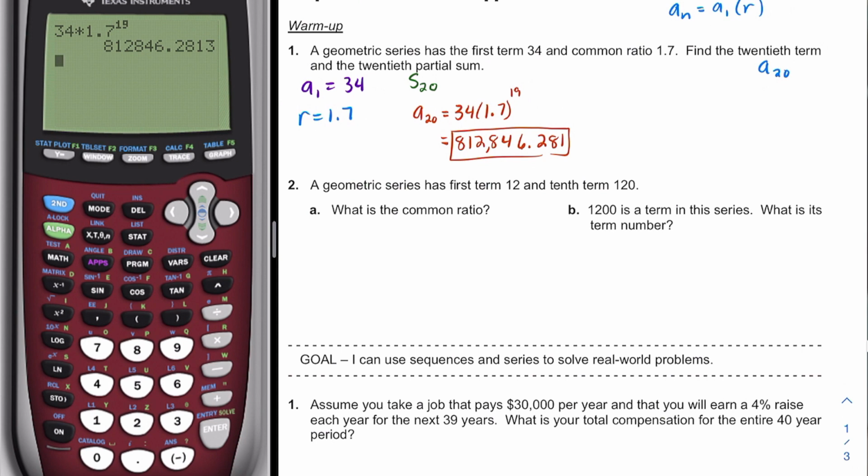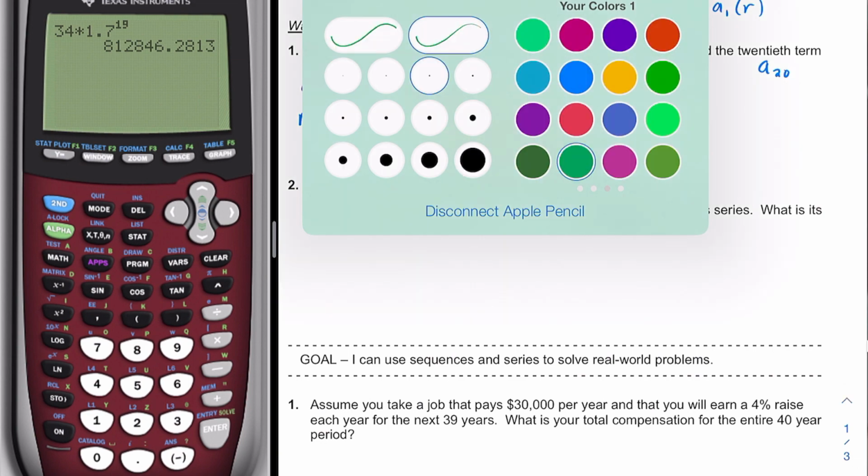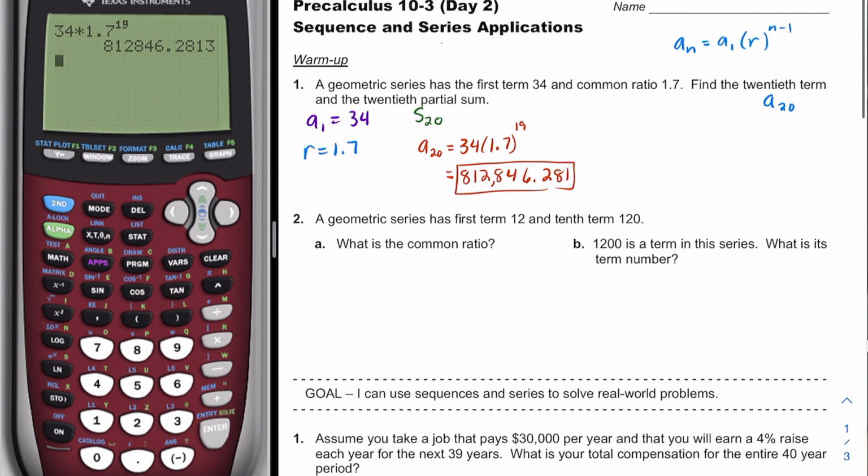All right, so that's the first one. Then it asks us for the 20th partial sum. For our 20th partial sum for a geometric series, as a reminder, Sn is equal to the first term times 1 minus your ratio to the n power over 1 minus your ratio of r.